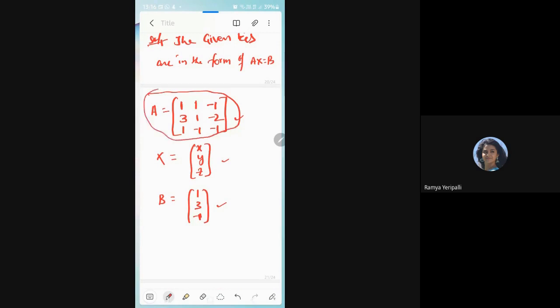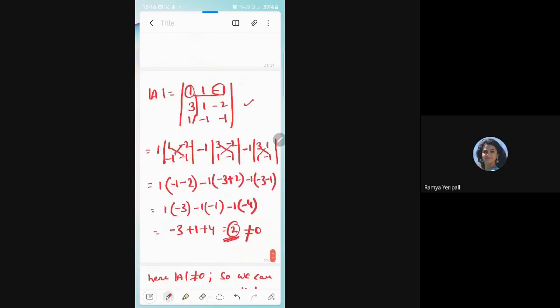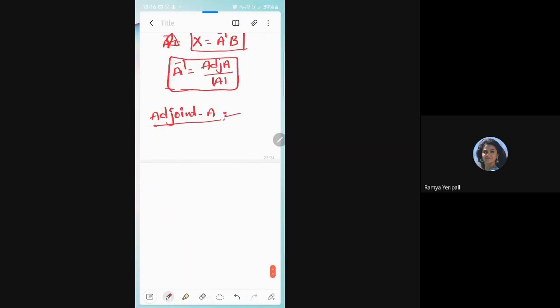In the given coefficients matrix, we have 9 elements. For all the 9 elements, we need to find cofactors in the first step of adjoint A. So I'm taking the side heading cofactors.